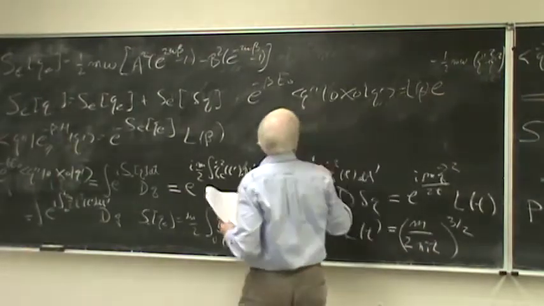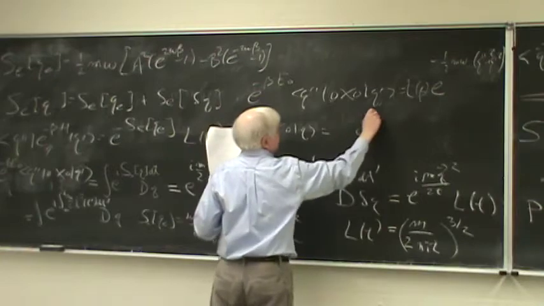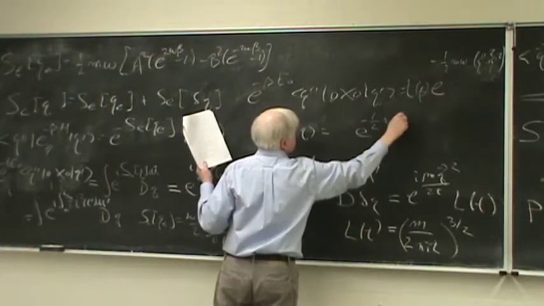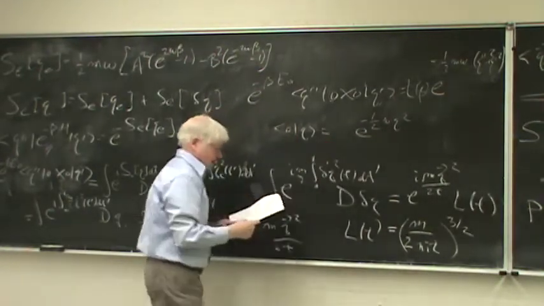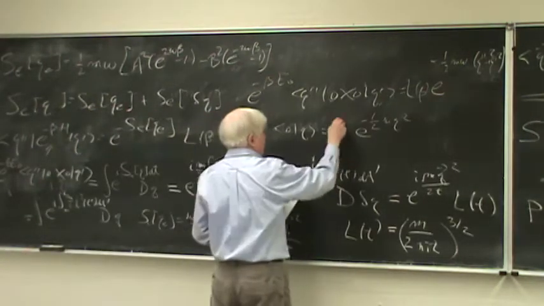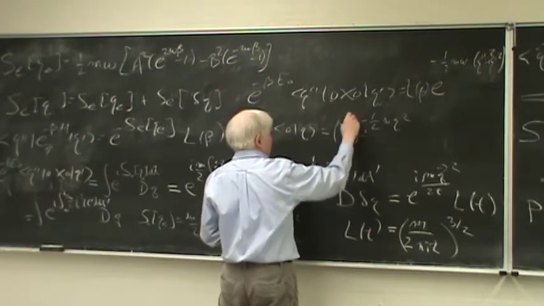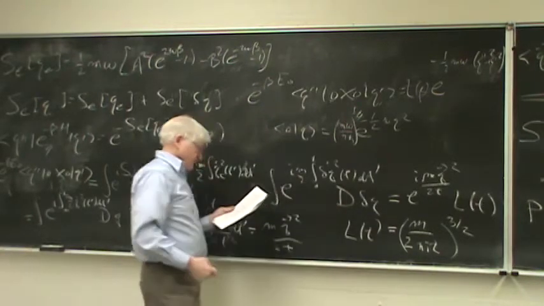And so this tells us that 0 of Q is e to the minus a half m omega Q squared times some normalization factor, and the normalization factor is m omega over pi h bar to the 1/4.